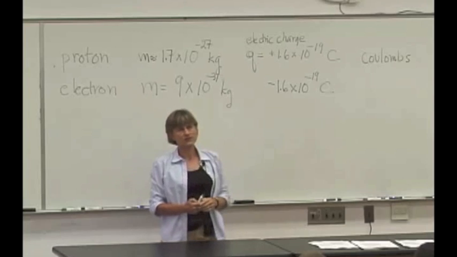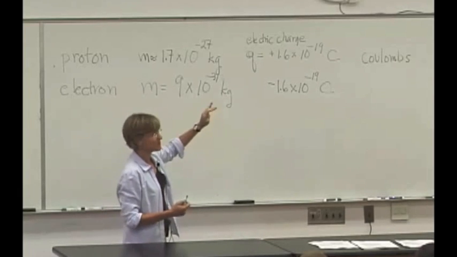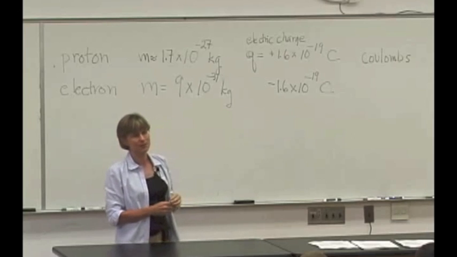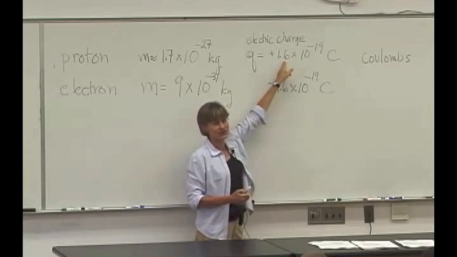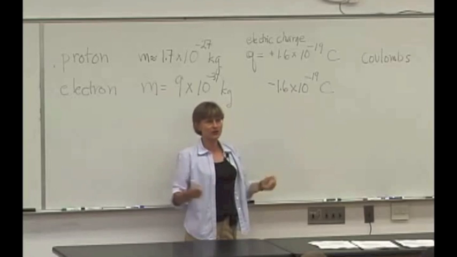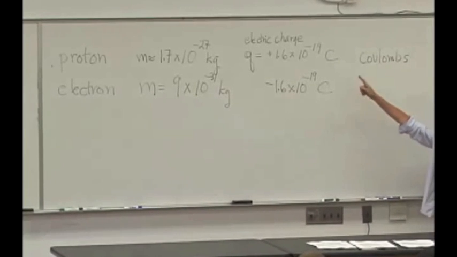We have reason to believe that the subatomic particles, the quarks that make up protons, have charges of plus or minus 2/3 of that, but we can never get them alone. They always occur in combinations that give us one of these charges or zero.